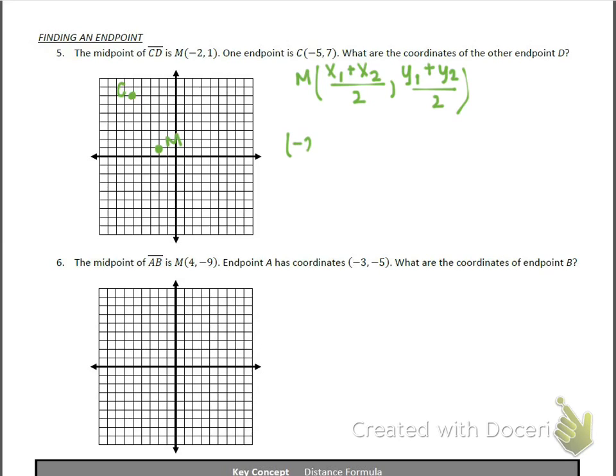The answer is (-2, 1). Do I know what x1 is? Yeah, it's -5, but I don't know what x2 is, so we leave it as x2 over 2, comma. Do I know what y1 is? What is it? 7. So 7 plus y2 over 2.